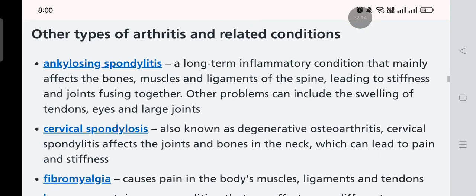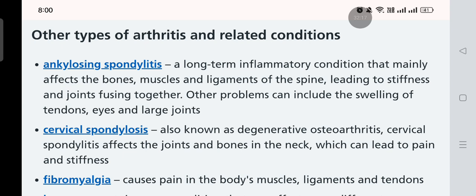Other types of arthritis and related conditions: ankylosing spondylitis, a long term inflammatory condition that mainly affects the bones, muscles, and ligaments of the spine, leading to stiffness and joints fusing together.